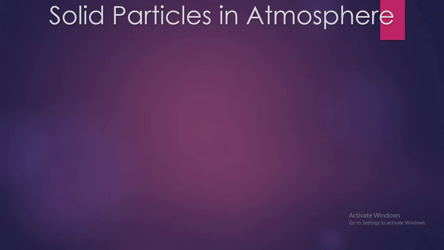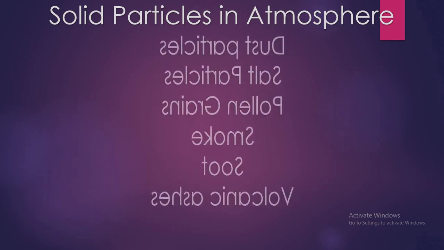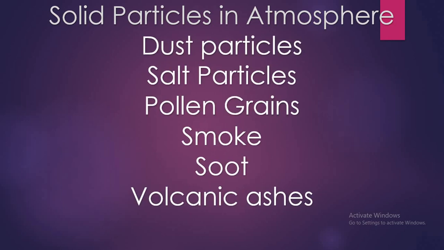The solid particles in atmosphere. There are dust particles, salt particles, pollen grains, smoke, soot and volcanic ashes. You know the meaning of all these things, isn't it? We'll move on to what is soot.